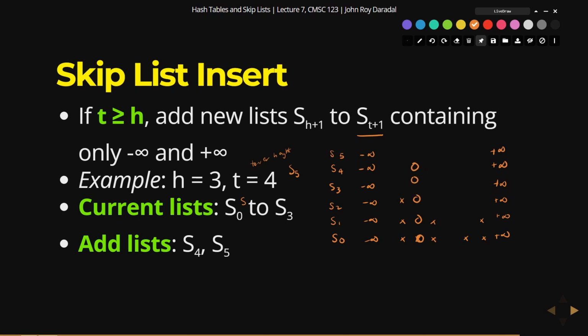So you have added the new list tower here, and the last list still contains only negative infinity and positive infinity.